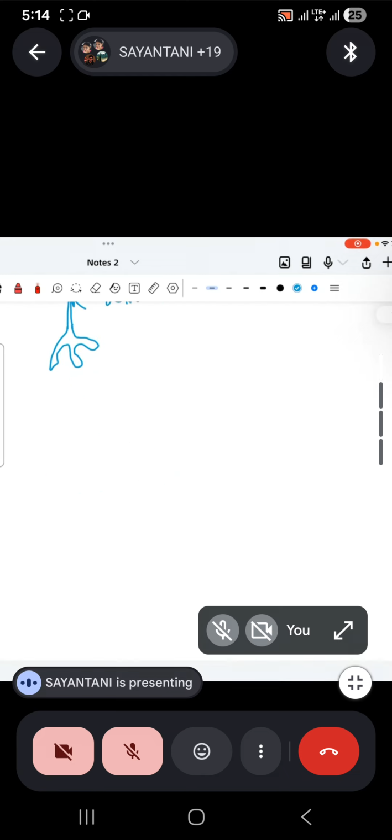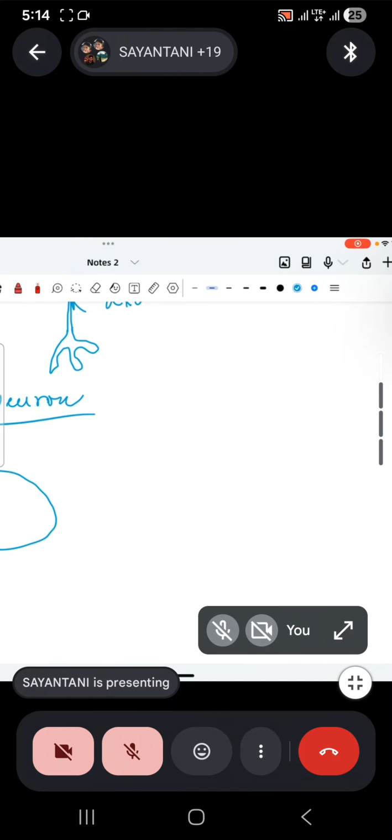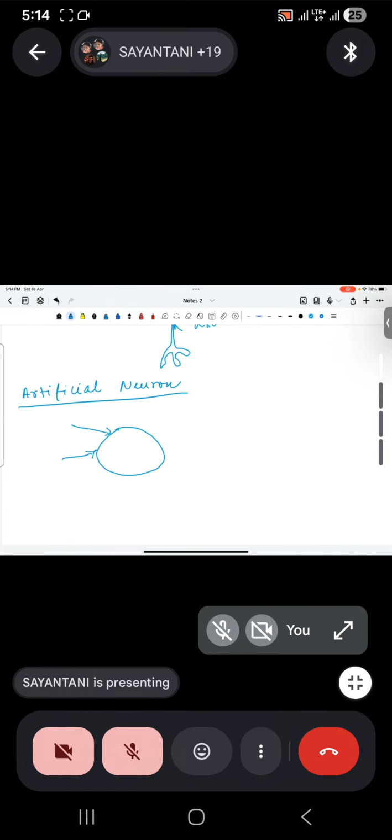So let us see how an artificial neuron looks. It looks something like this. You have some inputs x1, x2, x3. Corresponding to the inputs, you have some weights.